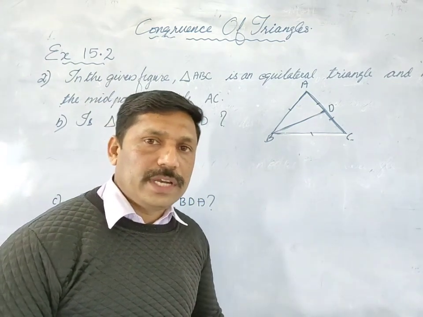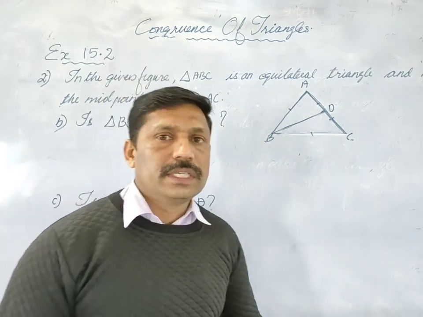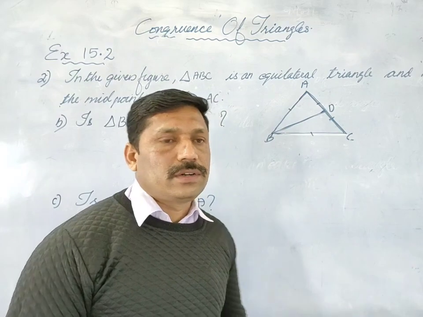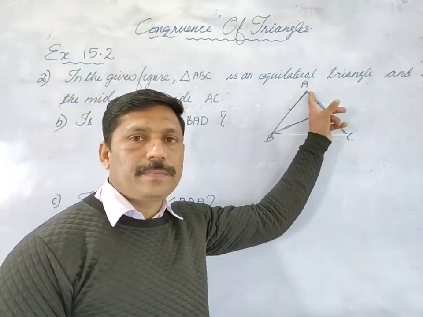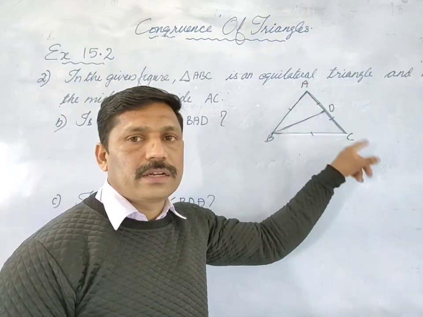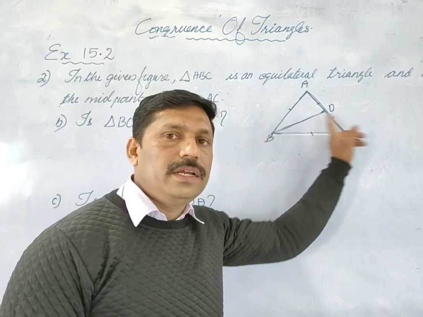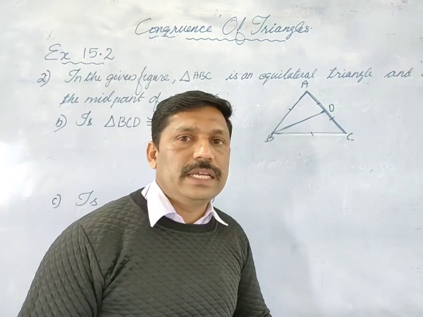Already in question A, we have proved that these two triangles are congruent because their corresponding sides are equal. Side BC is equal to side BA, side AD is equal to side CD, and side BD is equal to side BD, common side. So these three sides are equal.